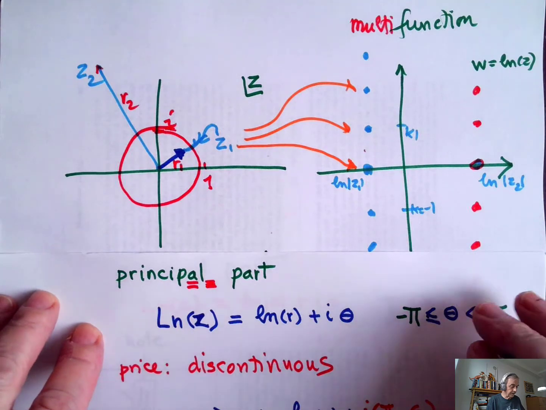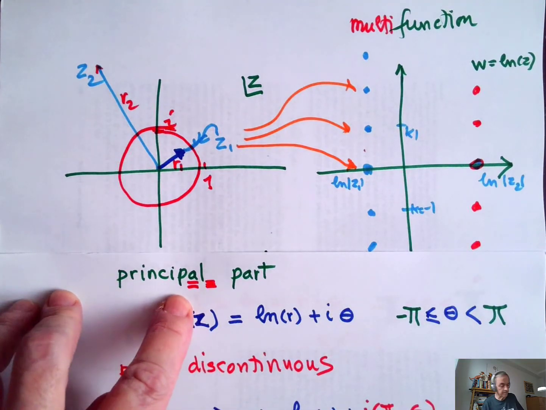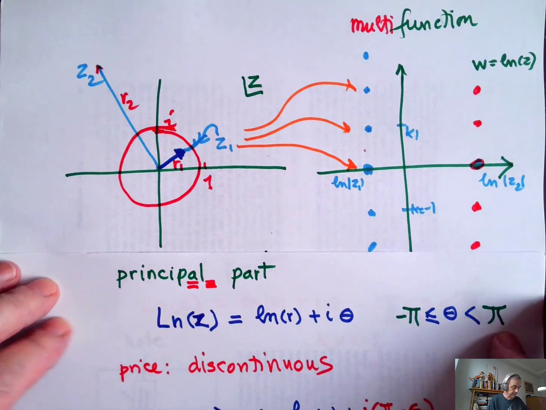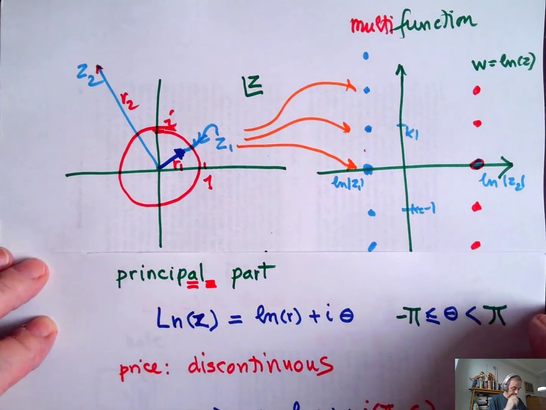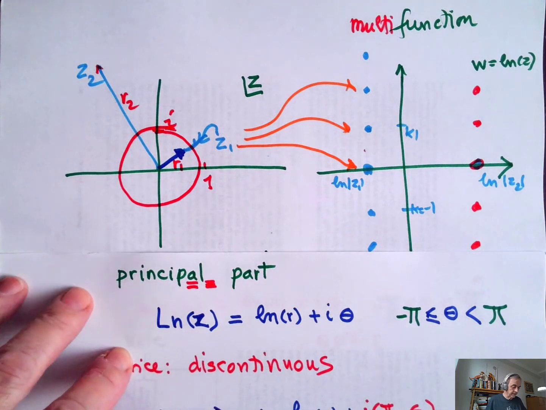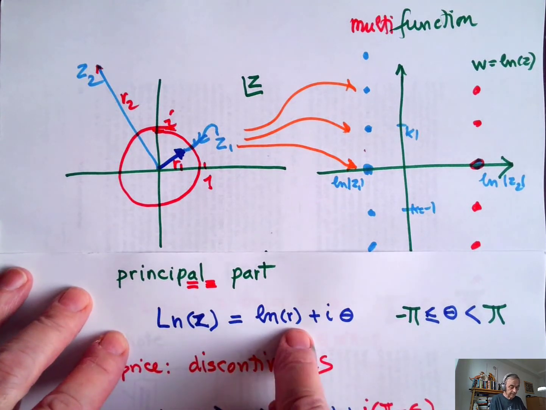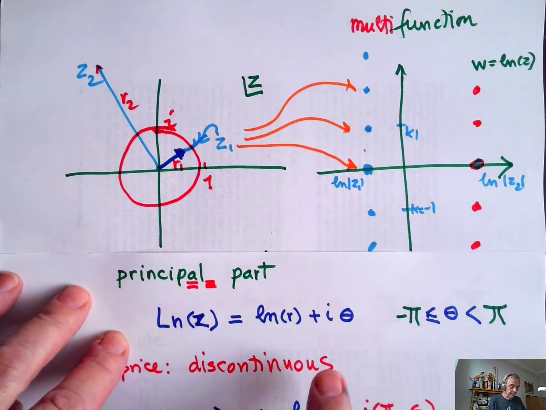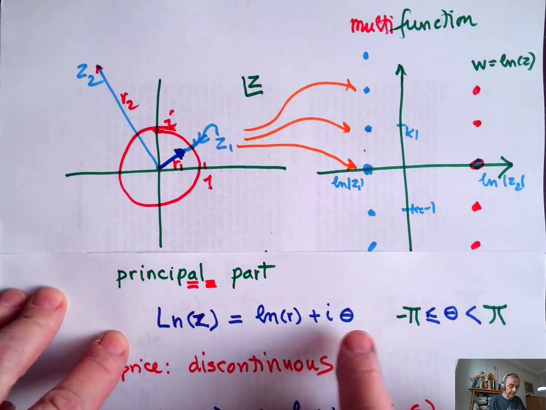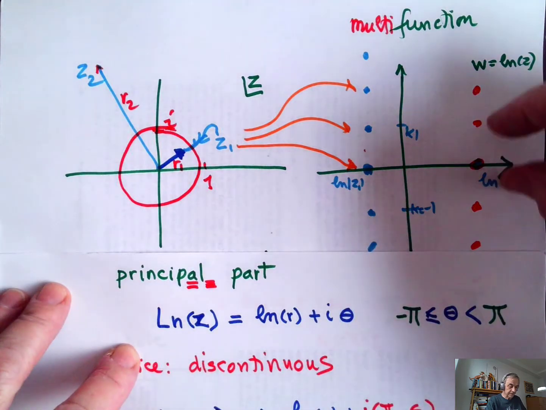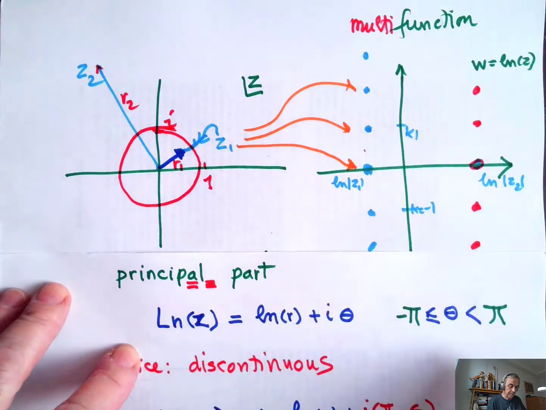So one thing is to define the principal part, nothing to do with your ethics, but the most important part, which is denoted by capital L. So Ln of z is defined to be the sensible logarithm of its magnitude, but you take theta only in the interval from minus pi to plus pi.